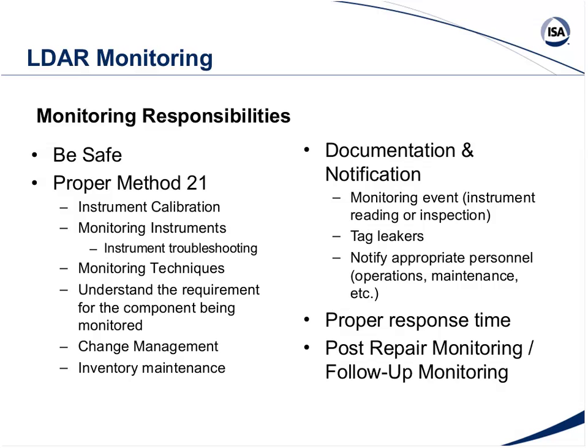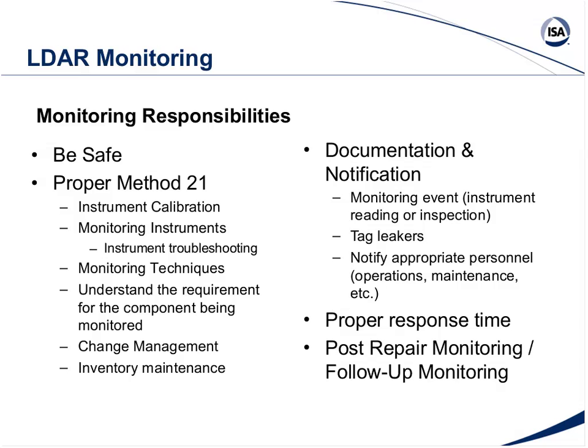And is the technician getting a chance to look at each and every component that they need to as they go through monitoring? So even how you set up your monitoring routes can lead to potential missed monitoring events depending upon how that's being done. You want to make sure you're keeping your notification, and you want to make sure you're doing your paper tagging, your leak tagging appropriately and consistently.